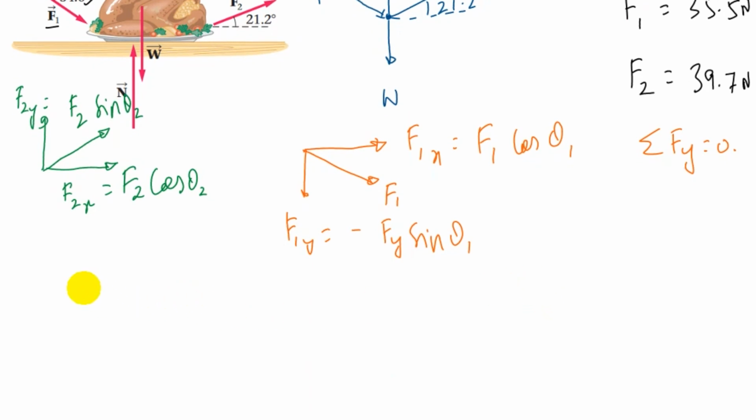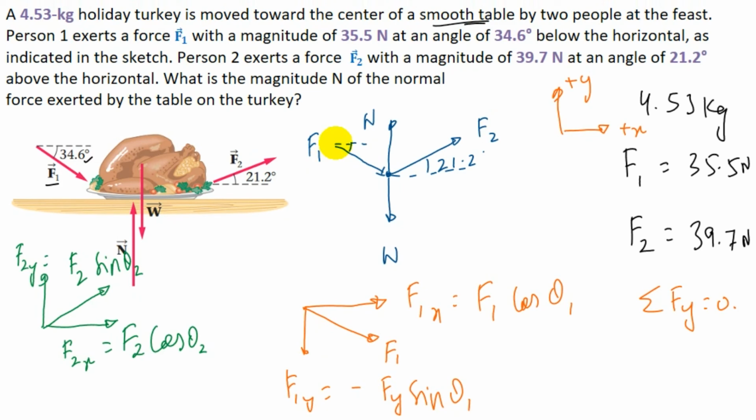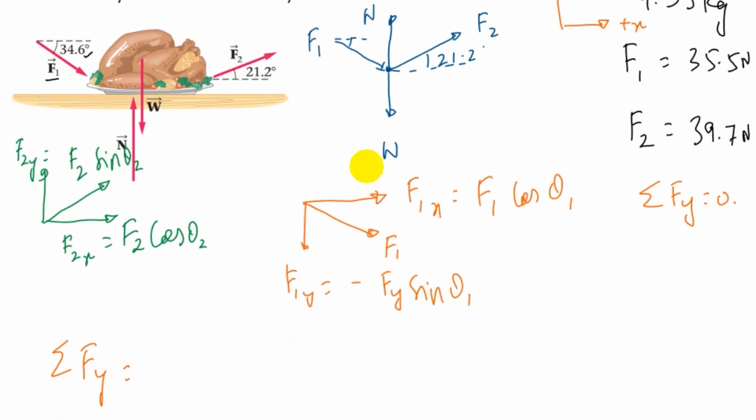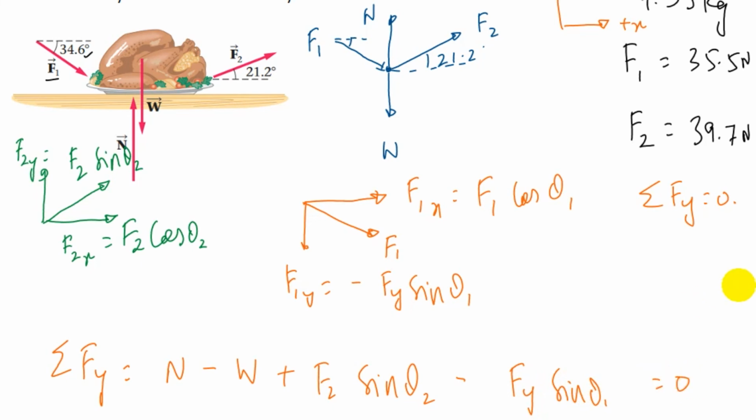Now we can write that sigma Fy would be equal to, first we have the normal force which is along the positive y, so N, then W is along the negative y, so minus W, and then F2y is positive, so plus F2 sine theta 2, and F1y is negative, so minus F1 sine theta 1, and this should be equal to 0.